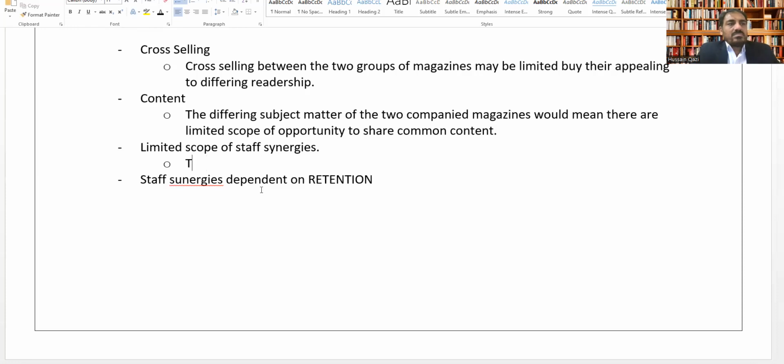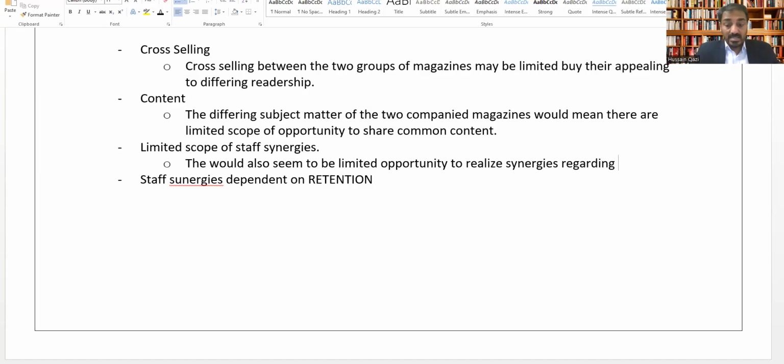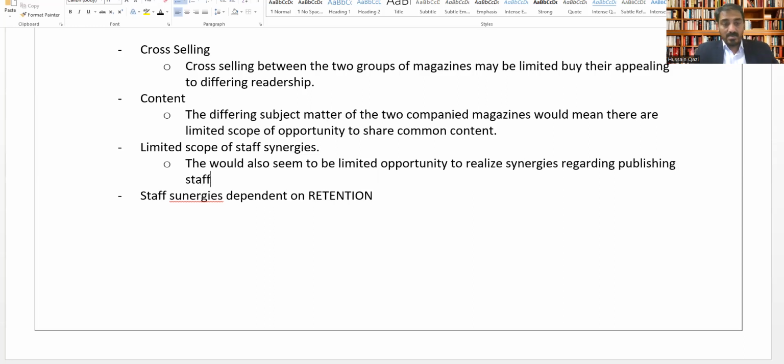We can say that there would also seem to be limited opportunity to realize synergies regarding publishing staff. That is the point we were discussing previously.